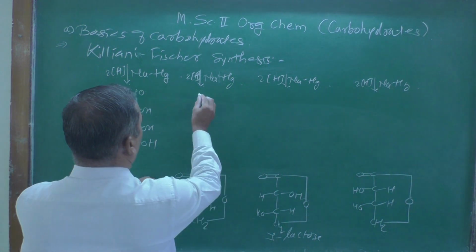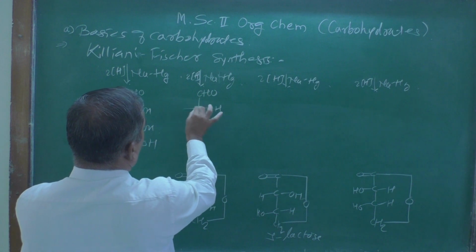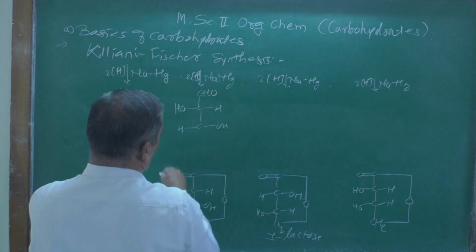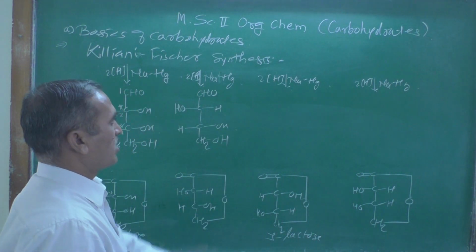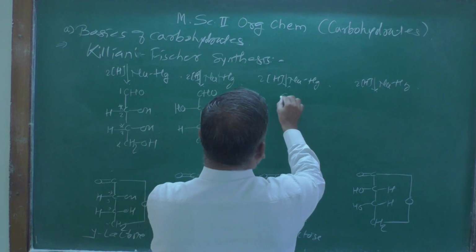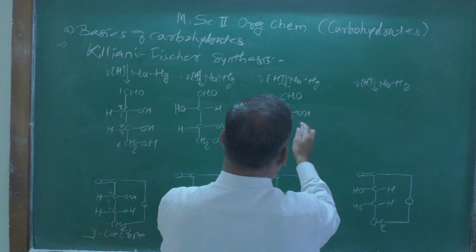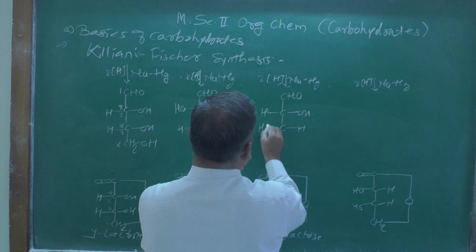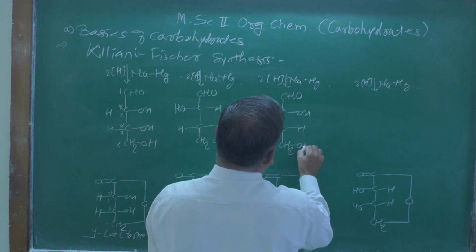And now here also what I am going to get is CHO aldehyde, and then this carbon atom with H on the right hand side and hydroxyl group on the left hand side. Look at here, OH on the right hand side, whereas hydrogen atom on the left hand side, and CH2OH primary alcohol, which is as it is. After reduction of that gamma lactone, here again CHO, then carbon atom with OH on the right hand side, then in carbon number 3 hydrogen atom on the right hand side and hydroxyl group on the left hand side, and the rest CH2OH over here.